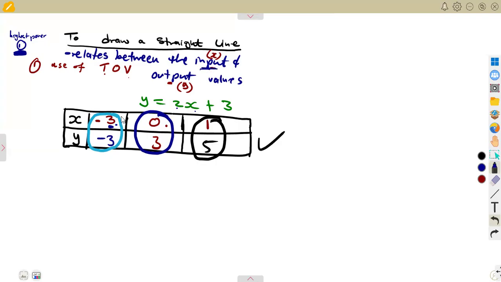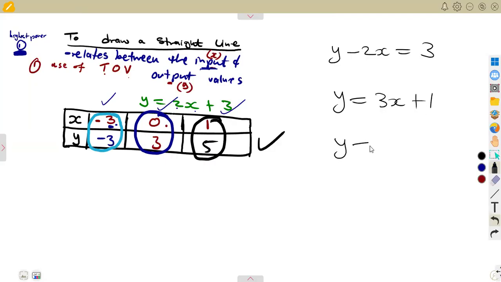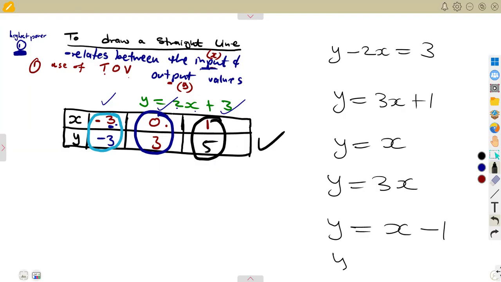So first, you have to insert the input values, which are the x values. With any linear function that we are given, we can draw its graph, any linear function.